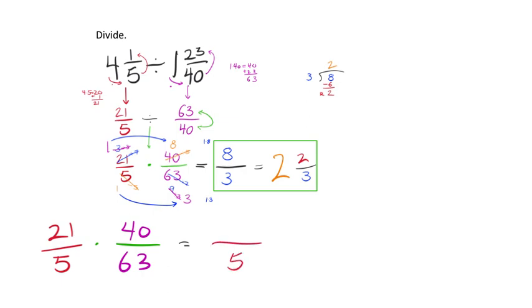But I can take 21 and split it up into its prime factors. 21 I would split up into 7 and 3. It doesn't matter which order they're in, so I'm going to show it as 7 times 3. Notice, 7 times 3 is 21. I just changed the format. I showed it as its prime factorization, and that's all I really need.